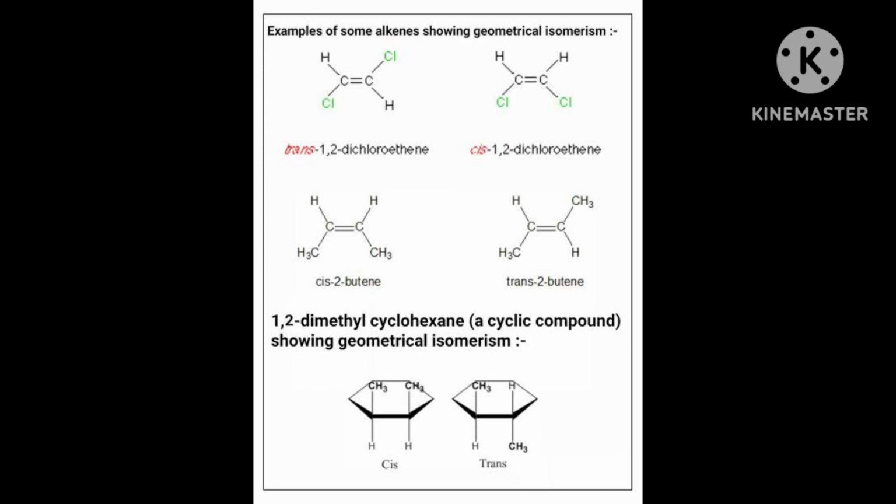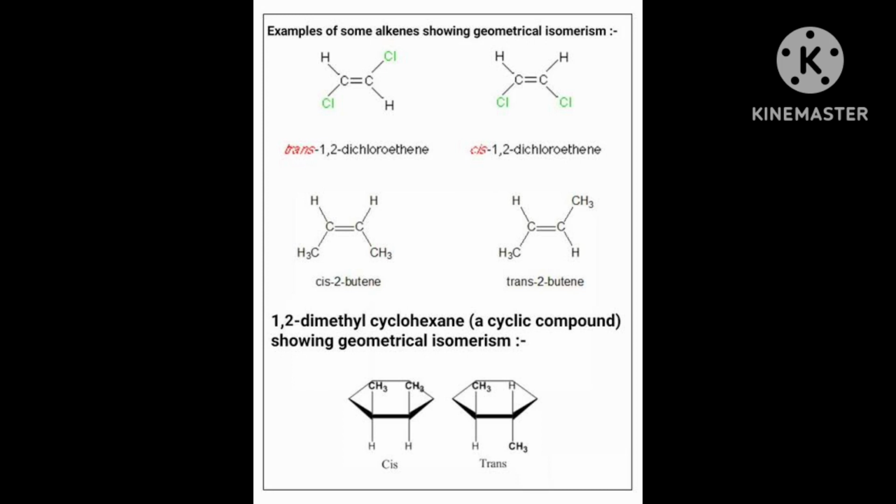And the other isomer is CH3OC3H7, where one side a methyl group is there, the other side a propyl group. These two compounds are isomers and this is called metamerism.